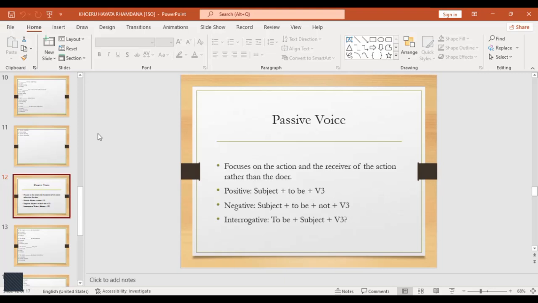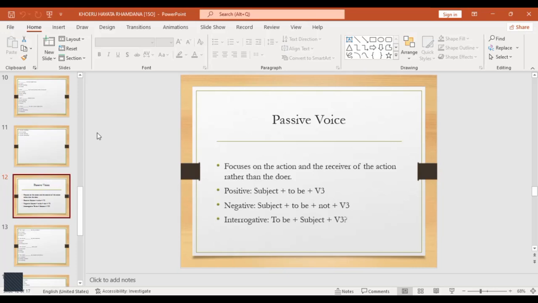Notice that in passive voice, the focus is on the object that is receiving the action, the lesson, not the person performing the action, the teacher.